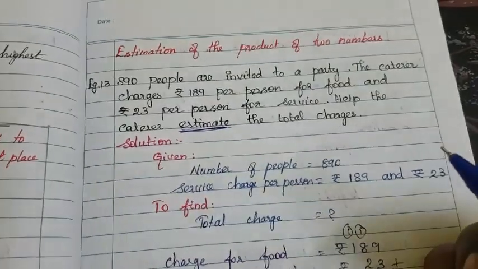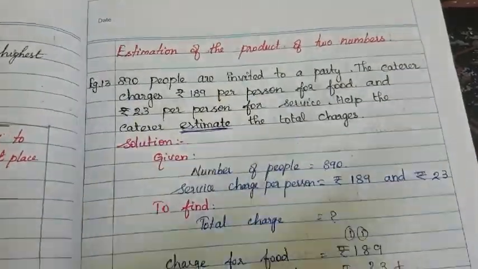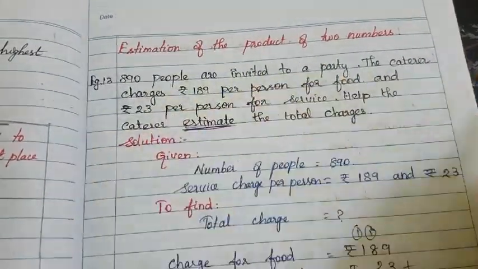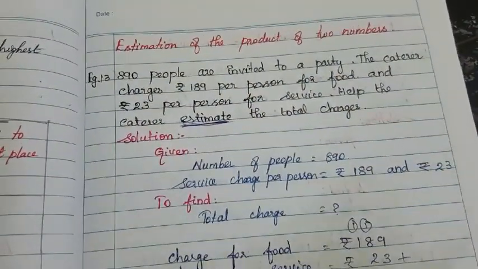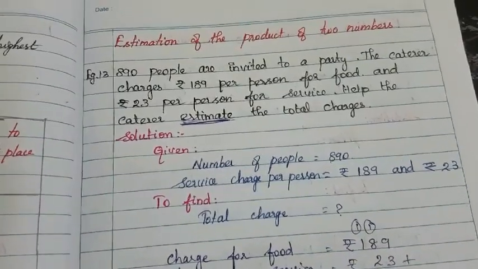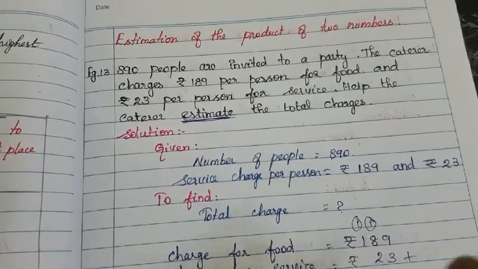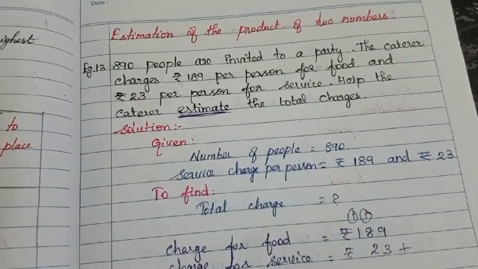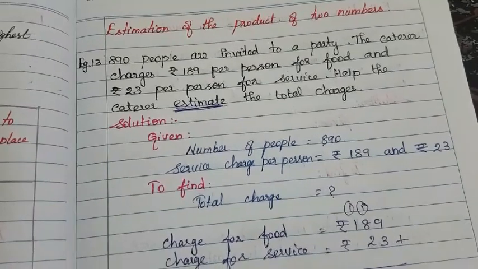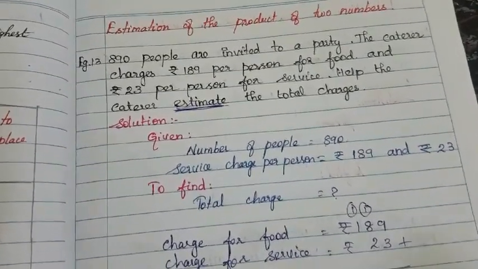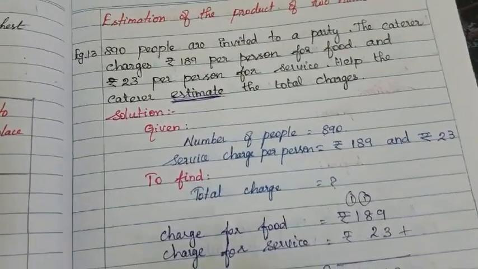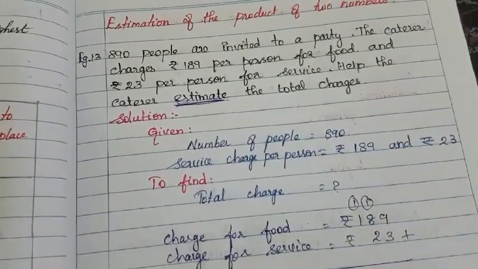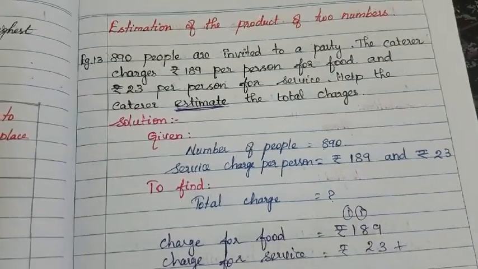So what is the question given here? There is a party. For that party, 890 people are invited, and the caterer who is making the food will charge rupees 189 for food for a single person, as well as rupees 23 per person for service. They will be serving the food to the people. So for food there is a separate charge, and to serve the food there is a separate charge.